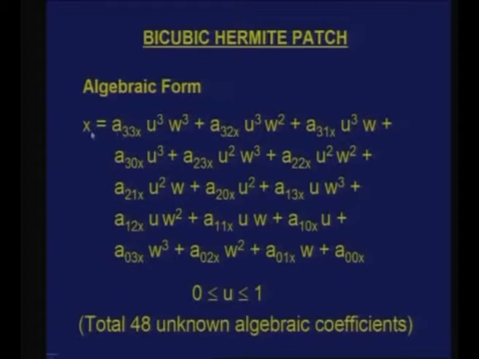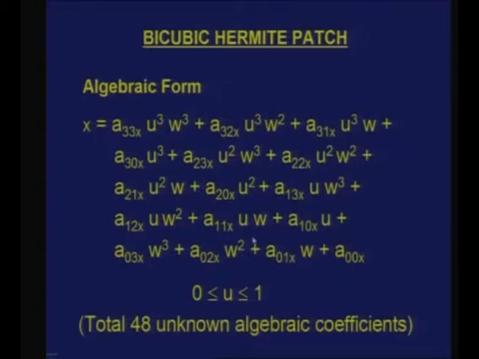So, in the algebraic form, the x value is represented by these terms, and we are using coefficients represented by a with 2 subscripts, which basically represent the powers of u and w which are used. The x represents that the coefficient belongs to x. Similarly, I may have a33y when I am representing the equation for y.